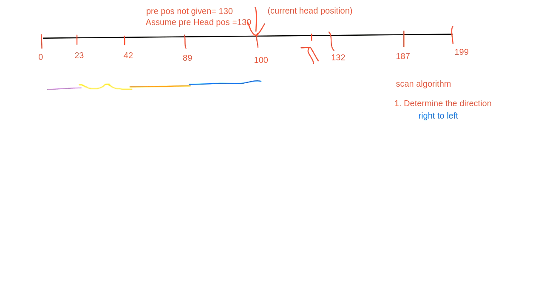Then afterwards it will take the backward direction. Let me draw this backward direction. Now from 0 it is coming back. While coming back, it will not serve 23, 42, 89, because it has already completed them. Now it will serve 132. After 132 it will go to 187.